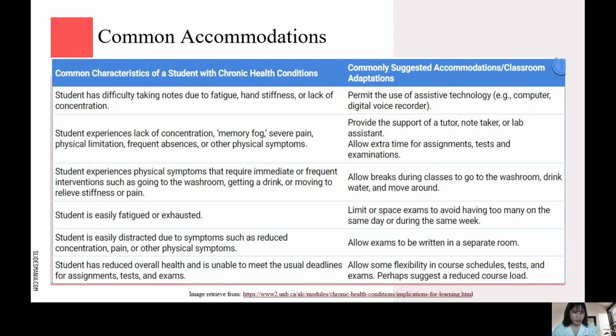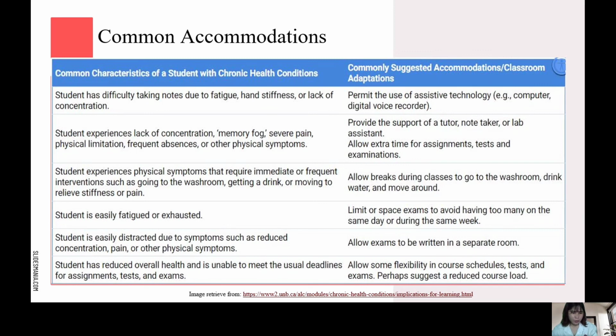Next, a student is easily fatigued or exhausted. Commonly suggested is to limit or space exams to avoid having too many on the same day or during the same week. Next, a student is easily distracted due to symptoms such as reduced concentration or pain and other physical symptoms. Allow exams to be written in a separate room.